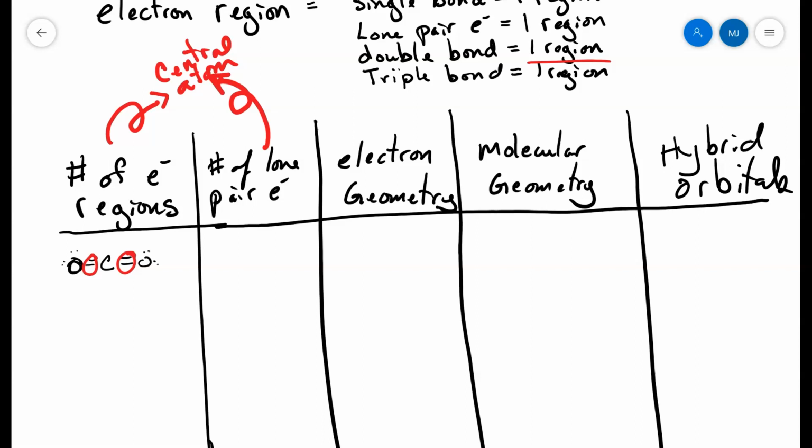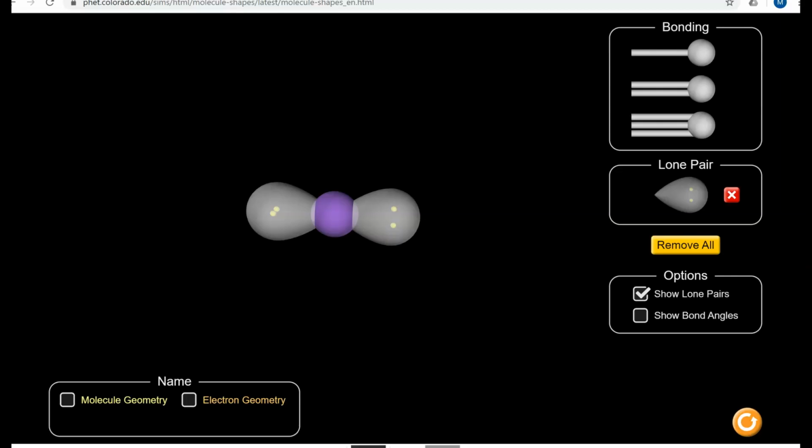Now, when you have two regions on a center atom, let's look at a model of this. Let me pull up a website for you. This website, let me see if it writes on the screen. It does not write on the screen. Let me go back.